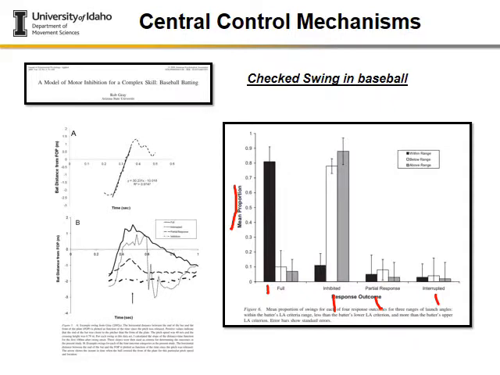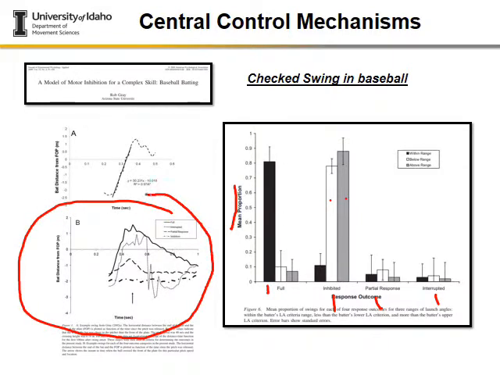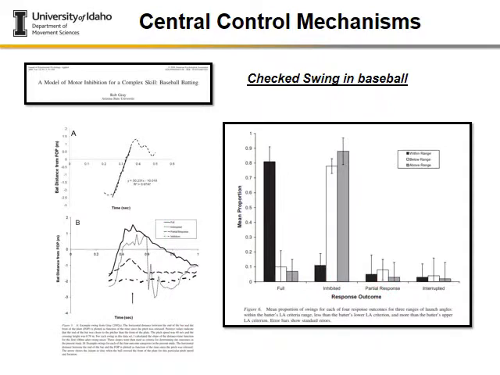So it inhibited below and above range. But this graph here is really where I want you to spend a lot of time focusing, and that's the bat distance from the front of the plate, and these are the individual responses that were given. And so I want you to be able to talk about that graph going forward, and I'm going to do a whole separate presentation on this PowerPoint so we can get that going straight for you.